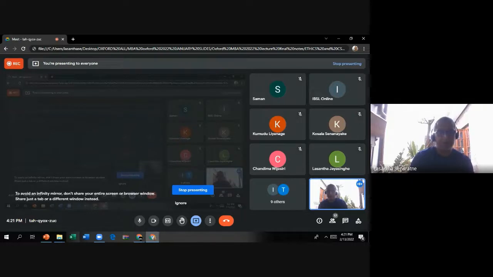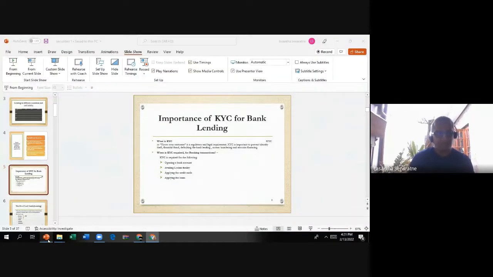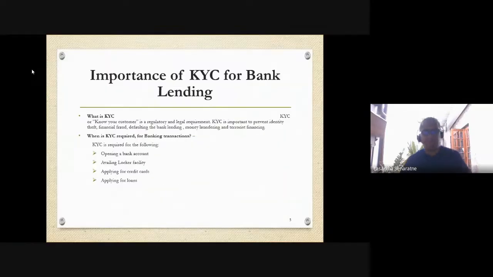KYC is required for opening bank accounts, availing locker facilities, applying for credit cards, and applying for loans. So make sure you take KYC in all instances, not just when opening an account. We are focusing only on account opening, not anything else.